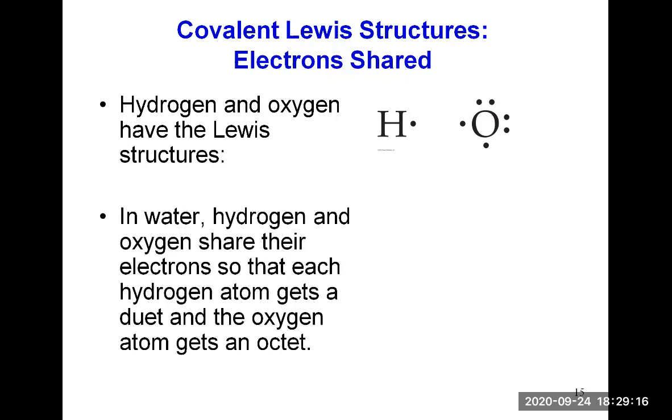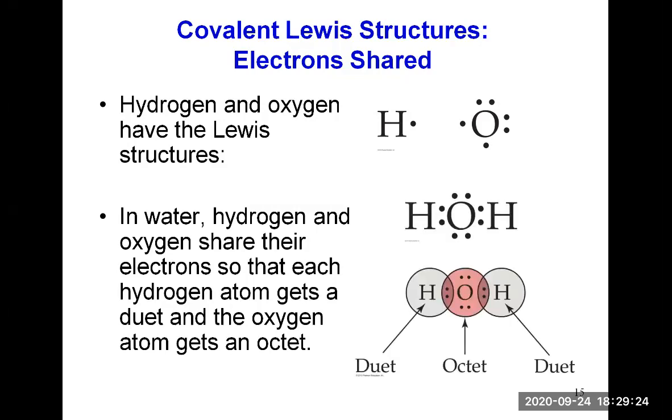And so in water, hydrogen and oxygen share their electrons so that each hydrogen atom gets a duet and the oxygen atom gets an octet. By putting 2 hydrogens around oxygen, the 2 hydrogens share their 1 valence electrons with oxygen. So that completes the octet for oxygen, and now it has 8 valence electrons around it.